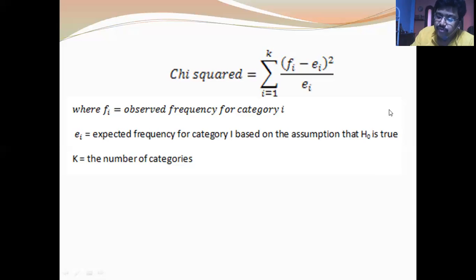So degrees of freedom has the contribution to the validity of an outcome. If the degrees of freedom is high, then it is good. And if the degrees of freedom decreases, then it is not suitable for a statistical result.